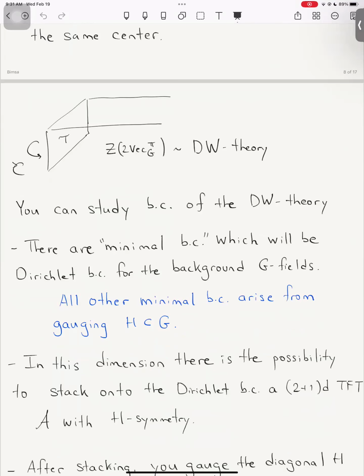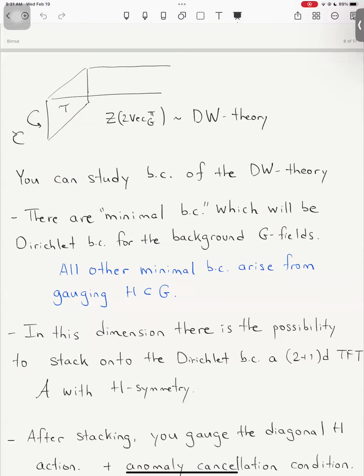So the first thing you can do, which I'll call the minimal boundary conditions, is that you look at the background G fields, and you can pick some Dirichlet boundary conditions for these G fields. And all the other minimal boundary conditions arise from gauging a subgroup of G inside. What's interesting in this dimension is that, recall, in 2+1 dimensions you also have the possibility to stack onto the Dirichlet boundary condition an extra 2+1D TFT, right?